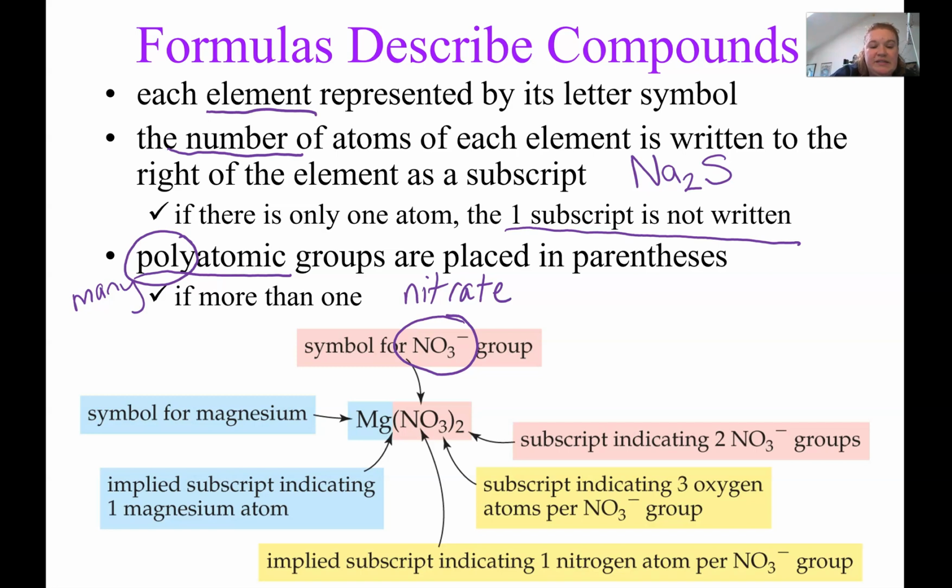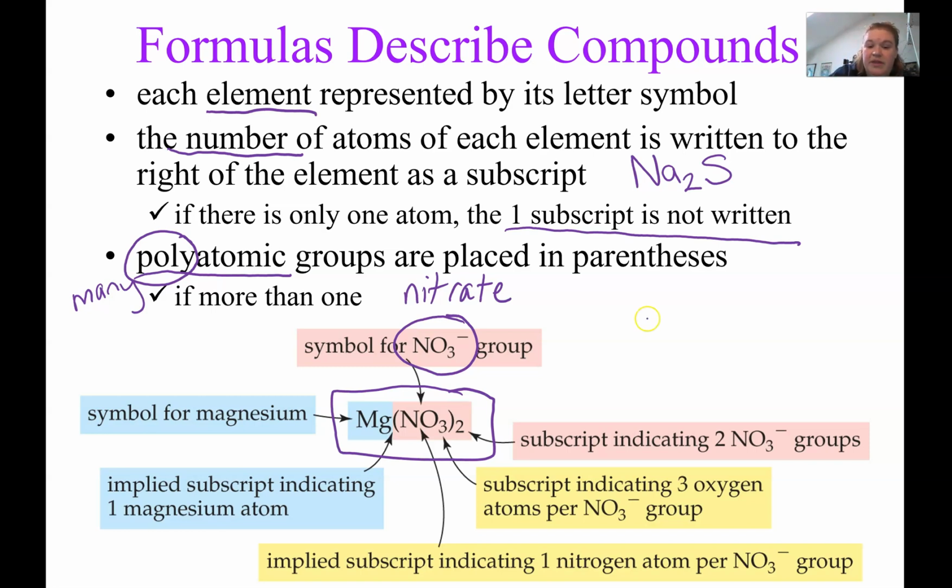But the formula that's here, right here in the middle of all these arrows, is Mg(NO3)2. So we have the symbol for magnesium, and it doesn't have a number next to it, so that means that there's just one magnesium. And then the NO3 is placed in parentheses with a 2 on the outside. So that means that there are 2 nitrate groups, or 2 NO3 groups.